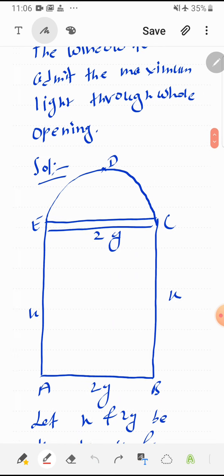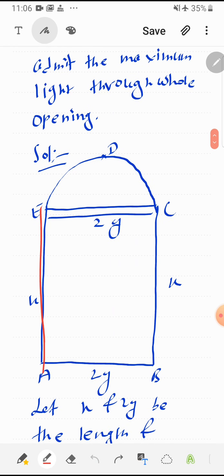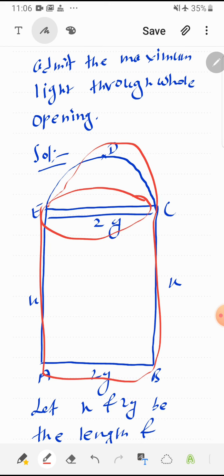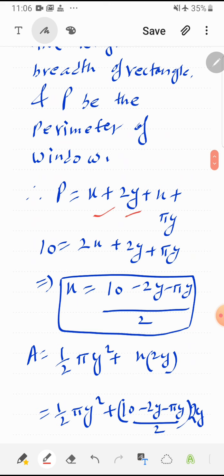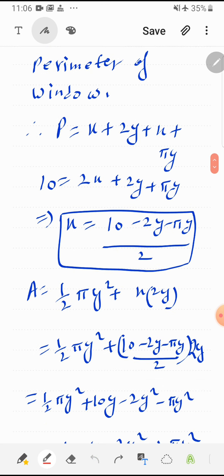So perimeter is the outline, so I will cover this, and I will skip this because it is not part of the outline. So perimeter is length plus breadth plus length plus half of the circumference of the circle, so that we can write x in terms of y.